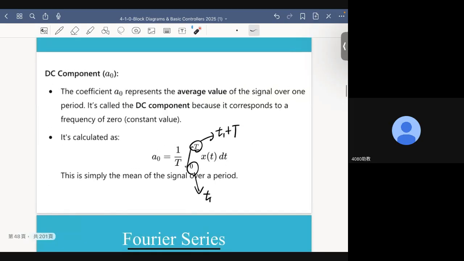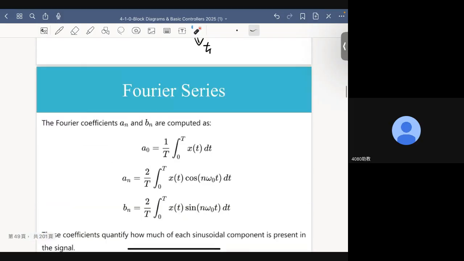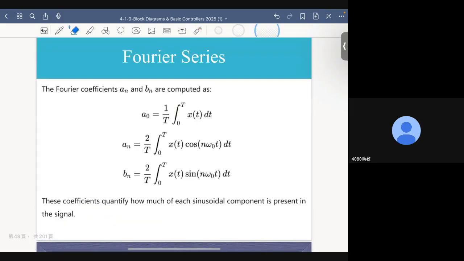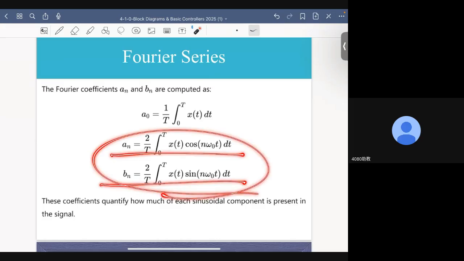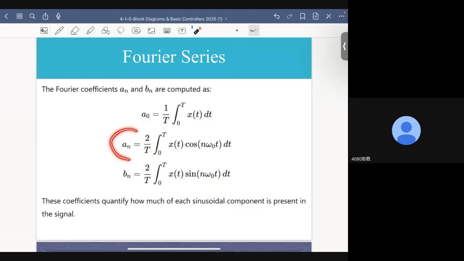All right, now let's go one step further after the introduction of the DC component. Here, what we learned from the course of engineering mathematics, we can use these two equalities to help us determine the Fourier coefficients An and Bn.